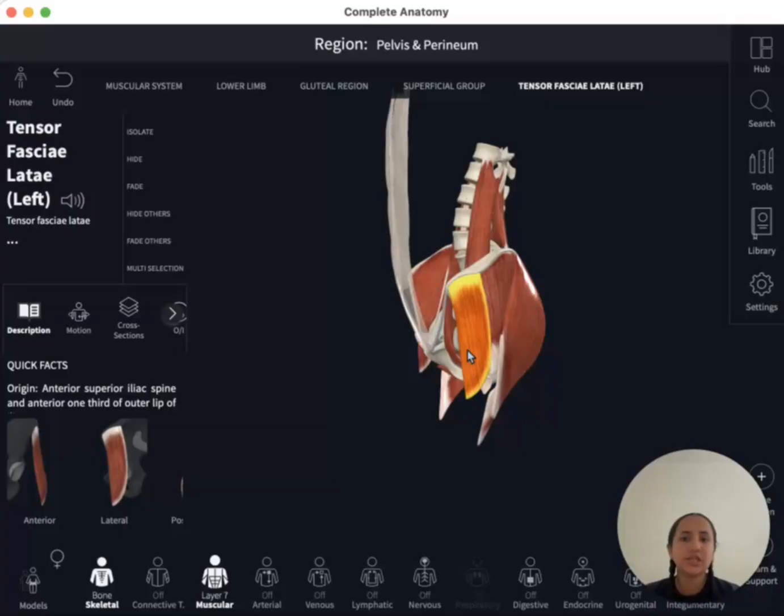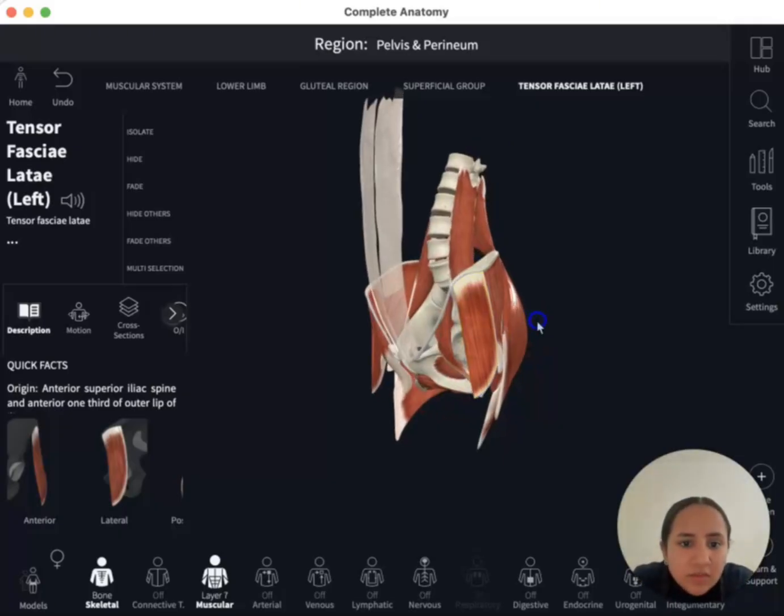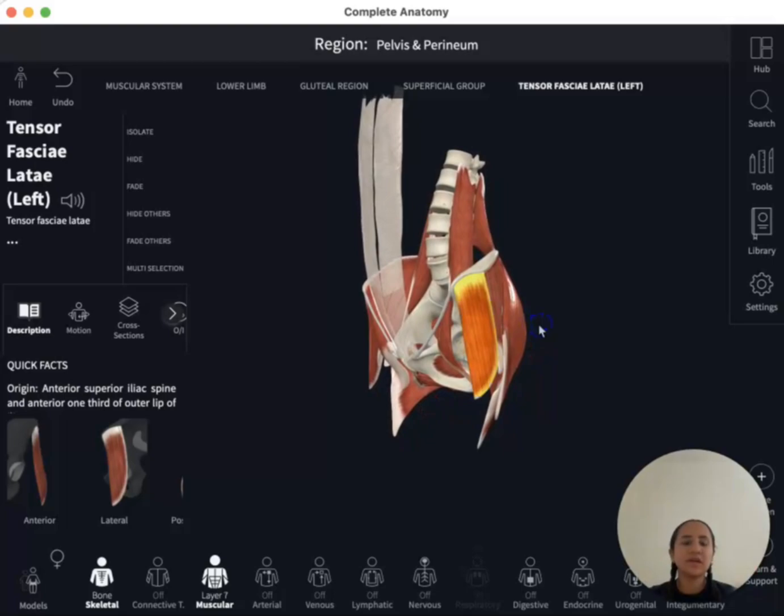The insertion is a tubercle of the iliotibial tract of the tibia, and then the direction of this muscle, if you can see, maneuver it this way, is that it's inferior and downward, and then it goes slightly medial. The action that is allowed for by the muscle fibers and the muscle is that it assists in medial rotation, abduction, and flexion of the thigh.